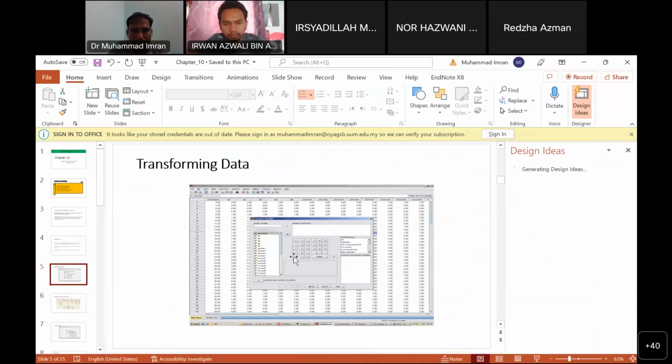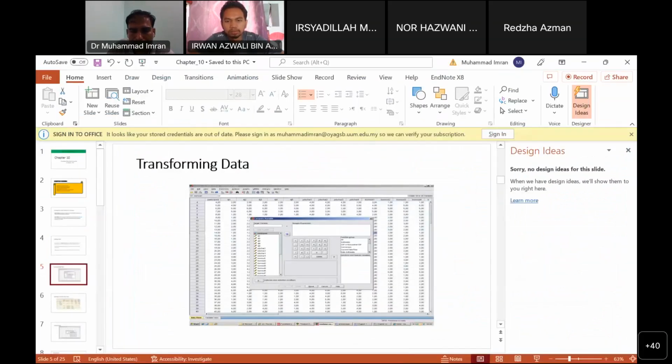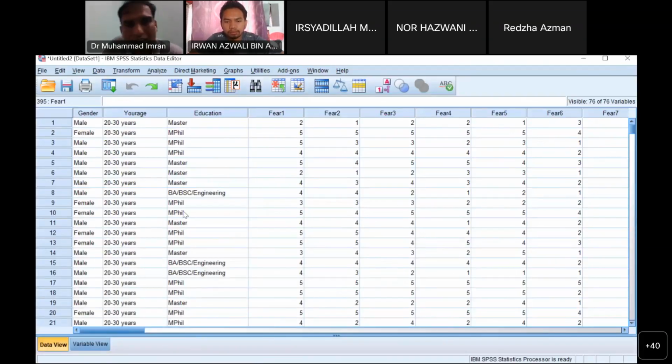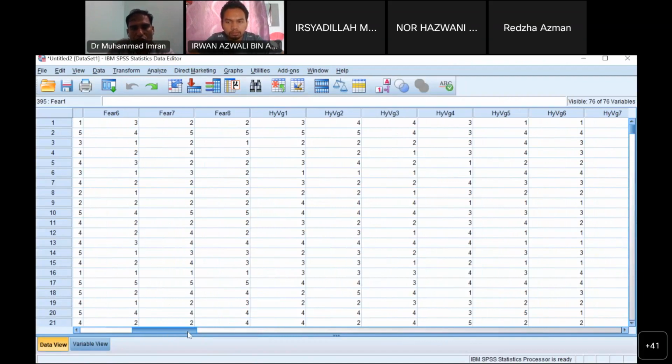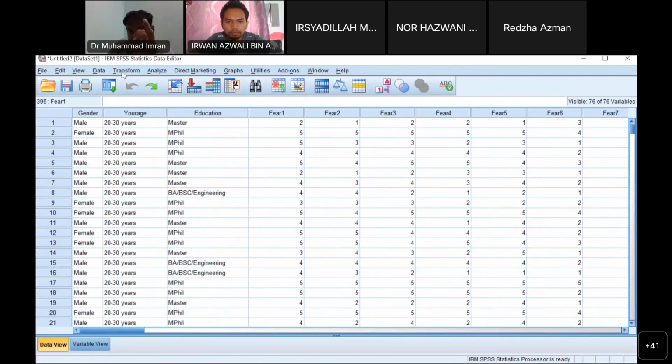Transforming data, one more thing. You must transform the data first, IV and DV, because these are items 1, 2, 3, 4, 5. All these variables should represent the fair variable, so transform them to make one variable.